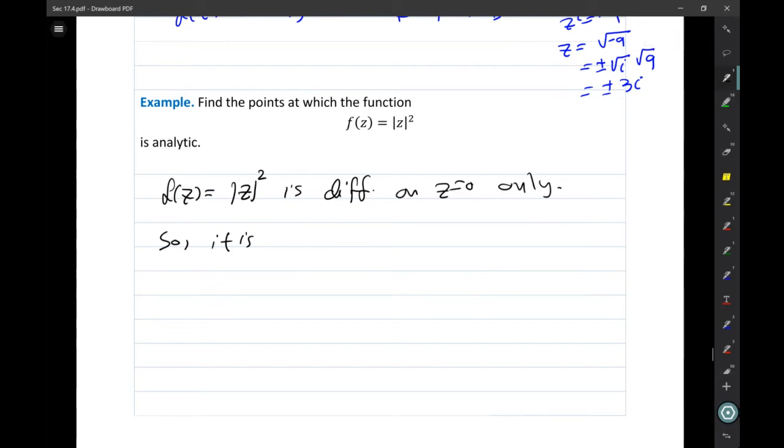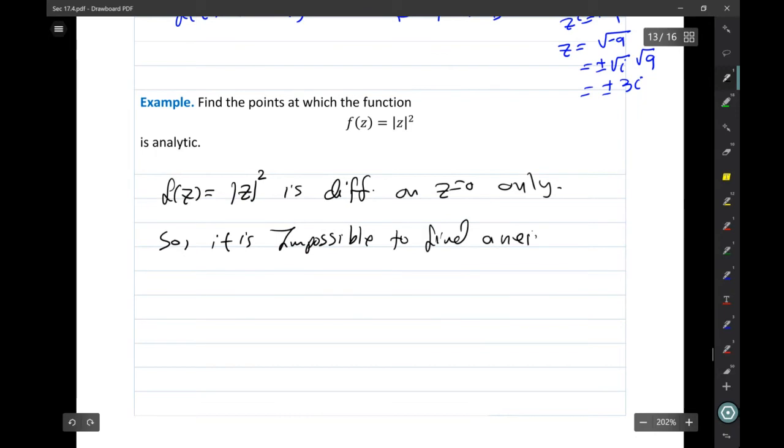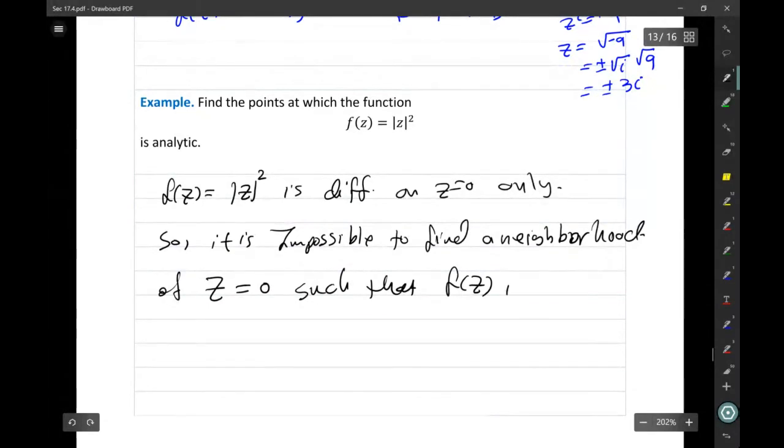So it is impossible to find a neighborhood of z equal to 0 such that the function f of z is differentiable at all points in this neighborhood.